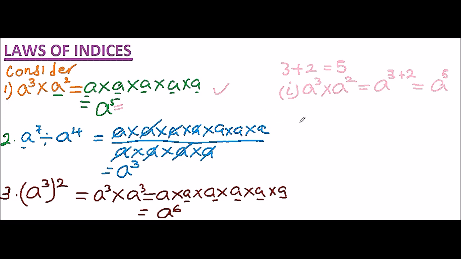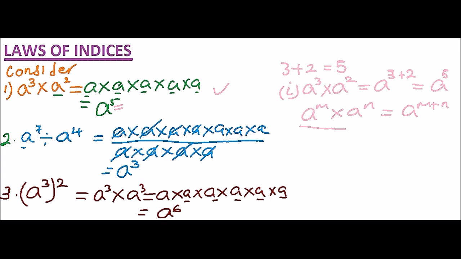From this, we can derive the first row of indices: if we have a to power m multiplied by a to power n, it is equal to a to power m plus n. So that is the first row of indices.